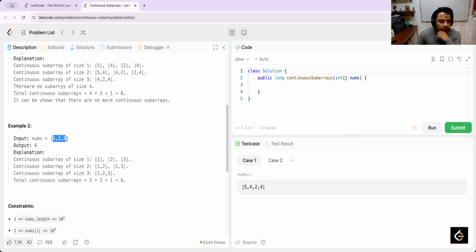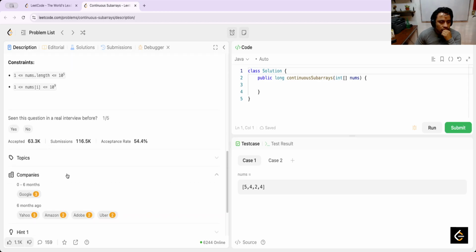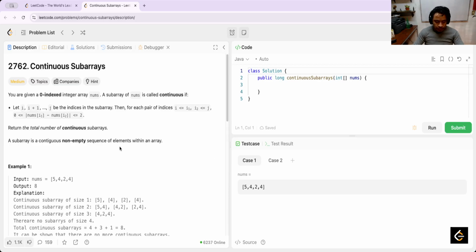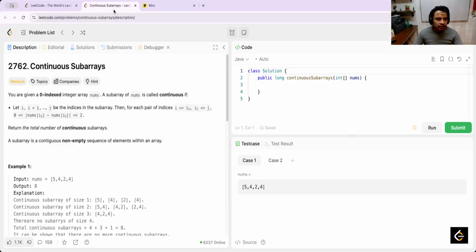Now, for these 3 elements, the differences between this and this, and this and this, give 1, 2, 3, 4, 5, and 6. Okay, I think that I got it.